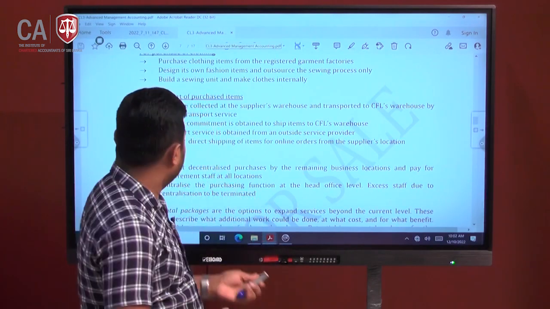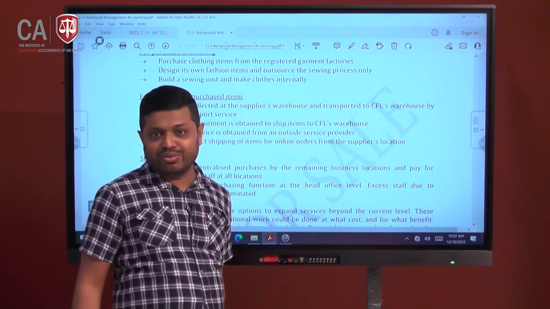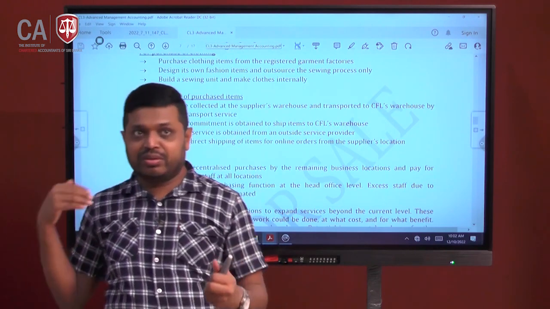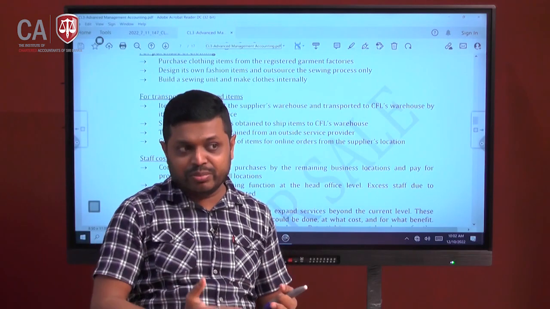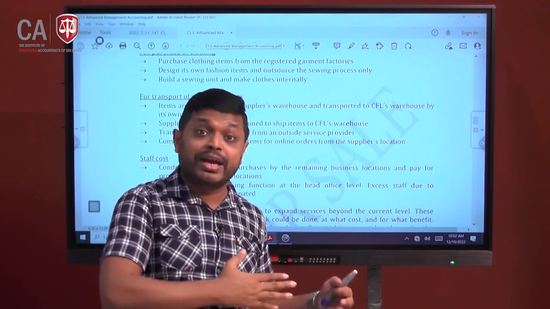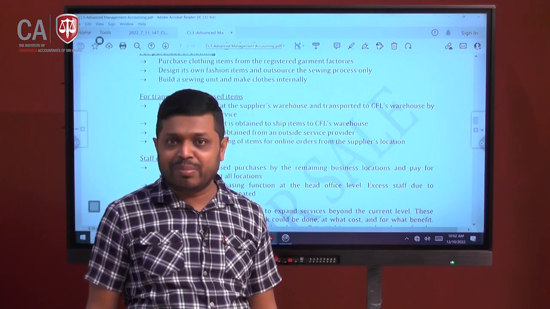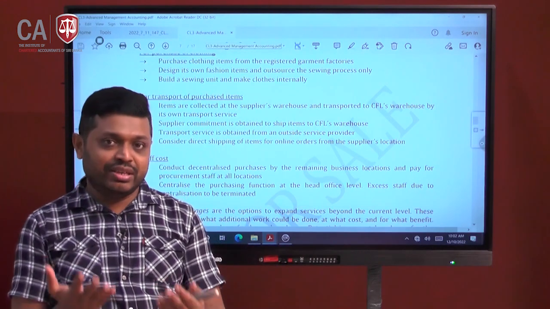Supplier commitment is obtained to ship items to the CFL warehouse. Sometimes purchasing material and distributing through your own transport might be costly, and you can pay an additional sum to the supplier and they will deliver to your doorstep. It will be more cost effective and easier.